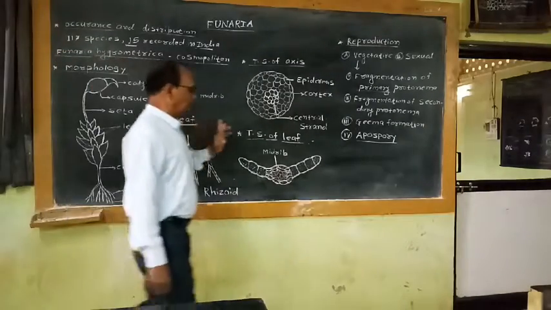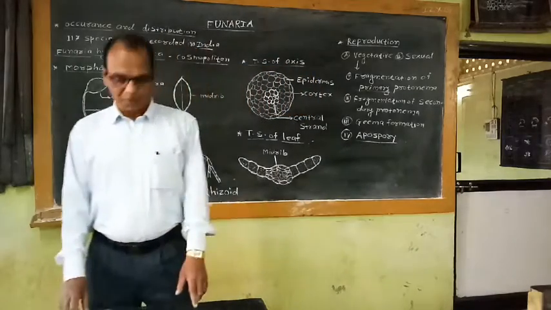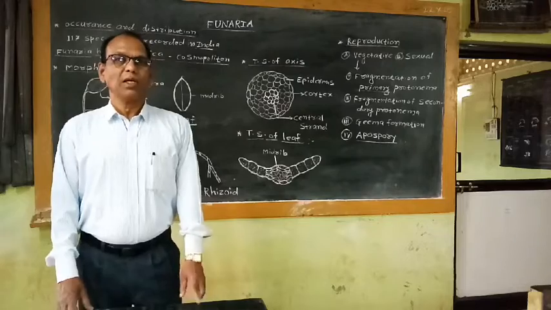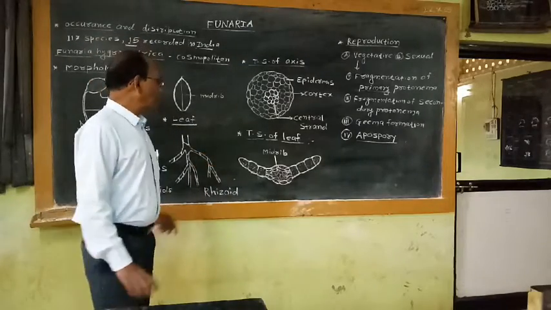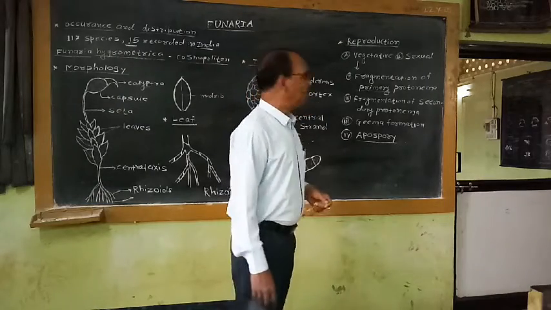So that means apospory is the last method of asexual reproduction in Funaria. So that's all about the vegetative method of reproduction in Funaria.